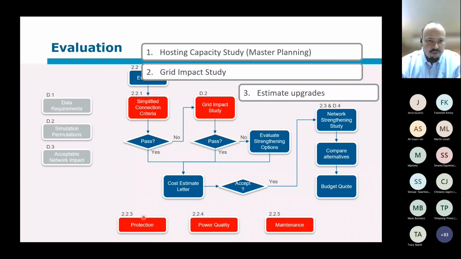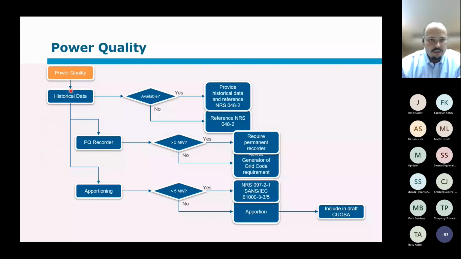I don't have a lot about the protection and the maintenance right now, but the power quality, that is the distributor's responsibility because they have to maintain the power quality in their network. So in terms of the grid code, you have to give historical data to the customer. If that is not available, you just refer him to NRS 048 because that is applicable for our entire country.